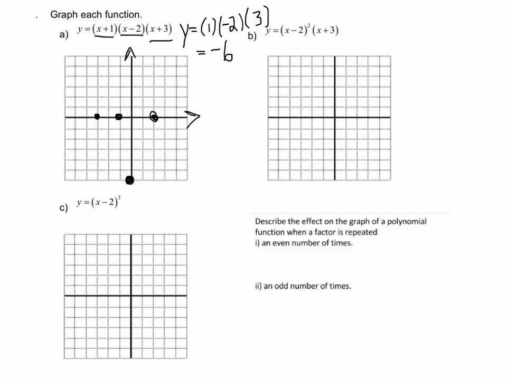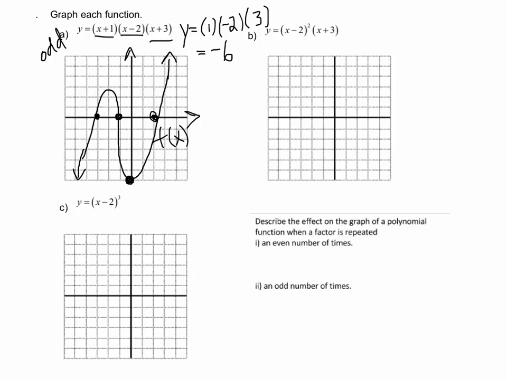We have a degree of 3, which is odd, meaning that our end behaviors are, as x approaches positive infinity, y approaches positive infinity, and as x approaches negative infinity, y approaches negative infinity. Joining our dots then, we're just going to curve it around, and it would look like this.